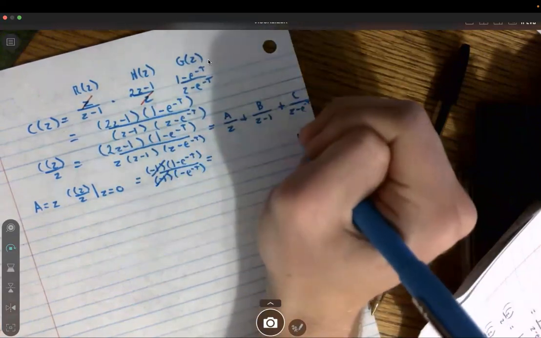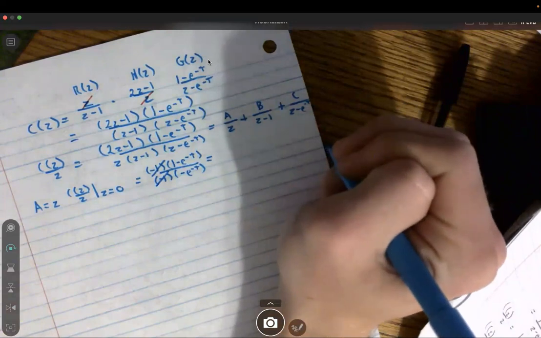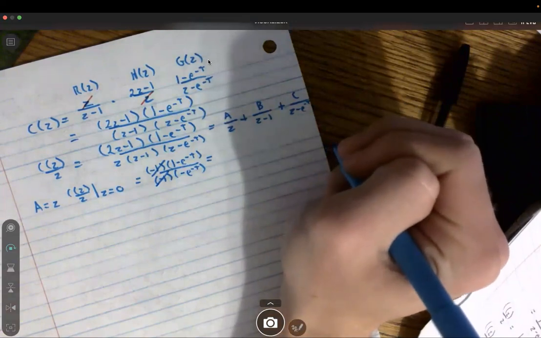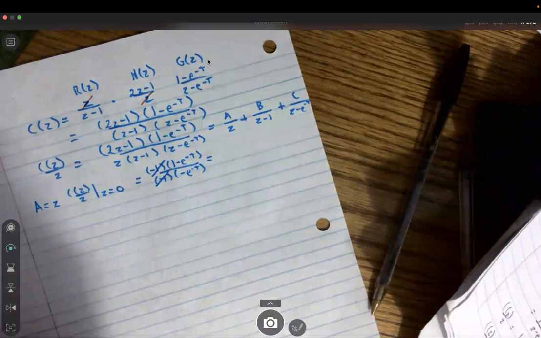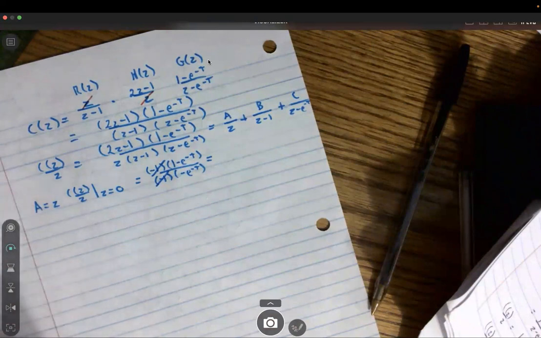So this would be in the denominator, so we would bring that up and get negative (1 minus e to the negative T) divided by this.